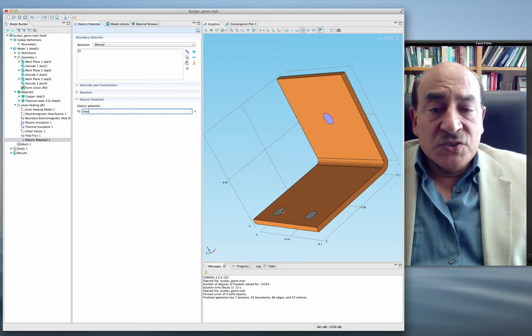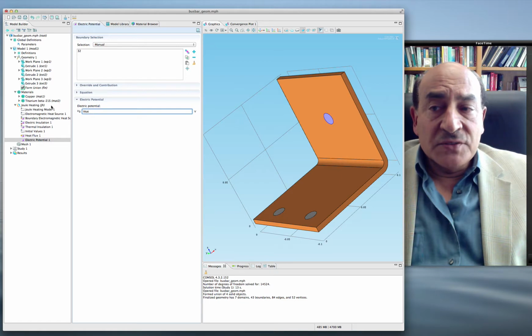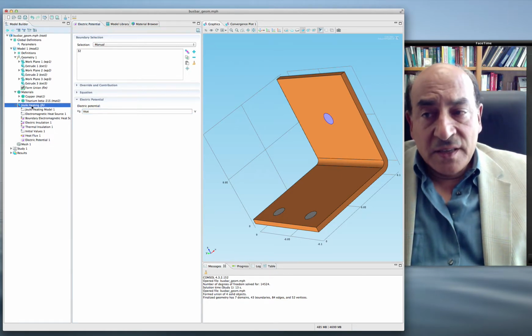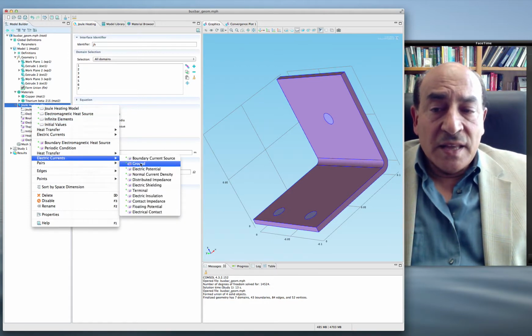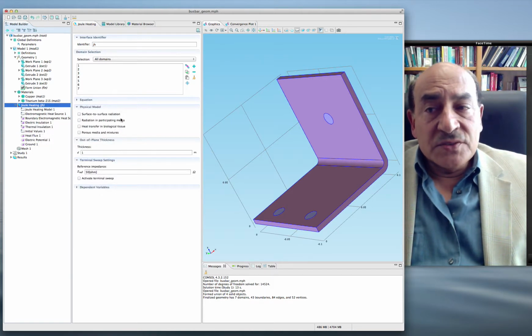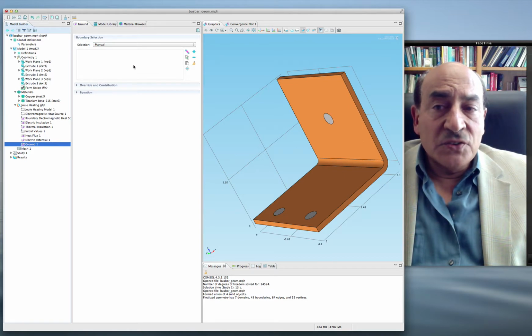Now I would like to do the other two bolts to have a ground before I run this case. So I'm going to go back to Joule heating, right click and select again electric currents, and in this case I can say ground. This adds another node, and the node is empty, no domains.